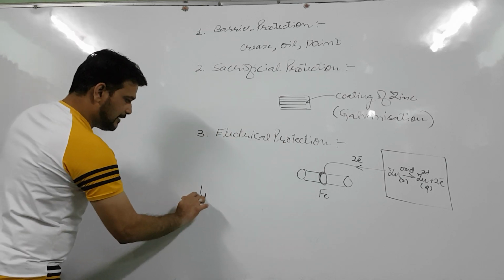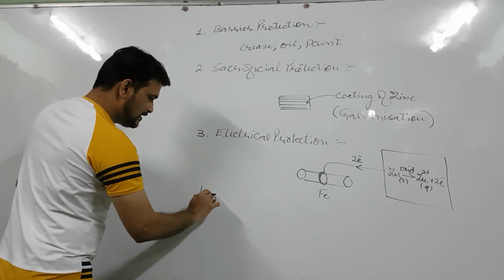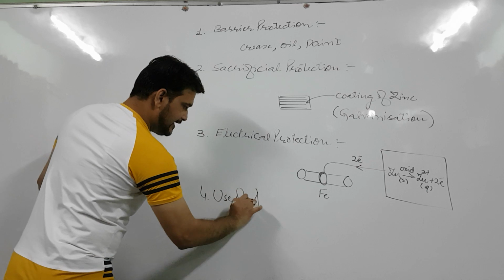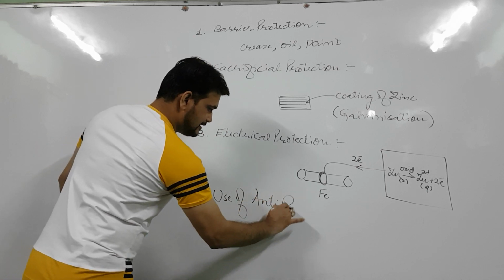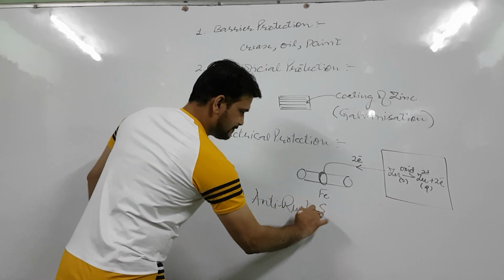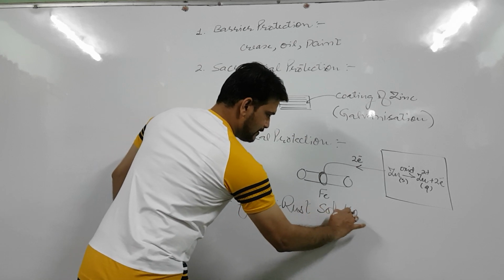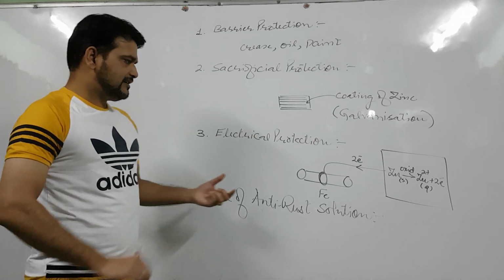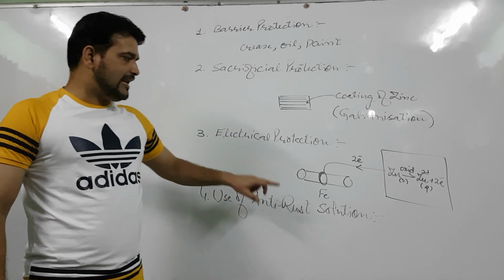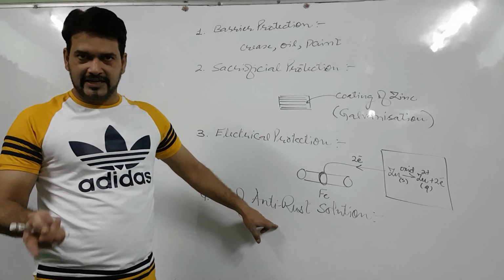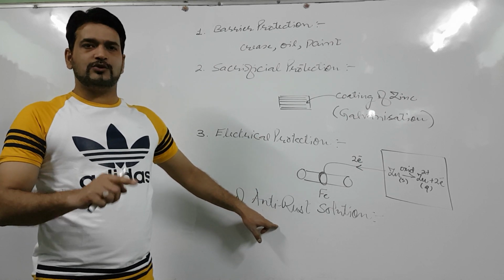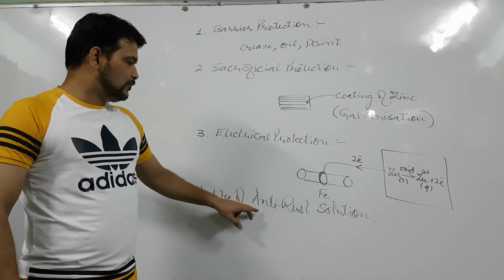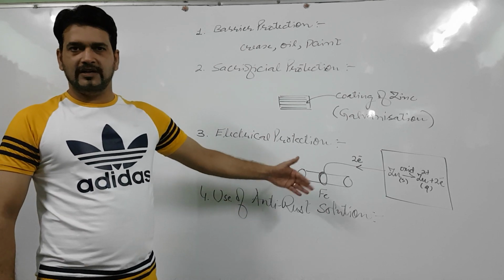The fourth method is the use of anti-rust solutions. We know that alkaline solutions of phosphates and alkaline solutions of chromates have qualities to prevent iron from rusting.